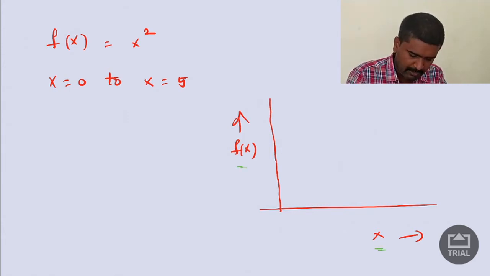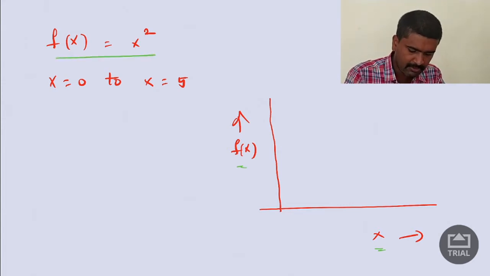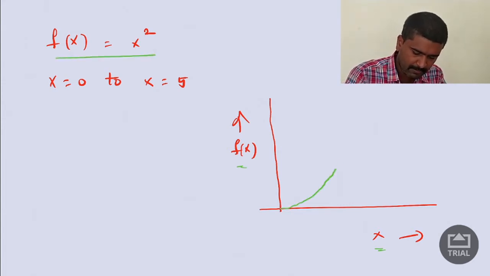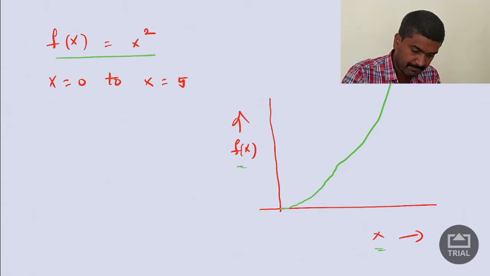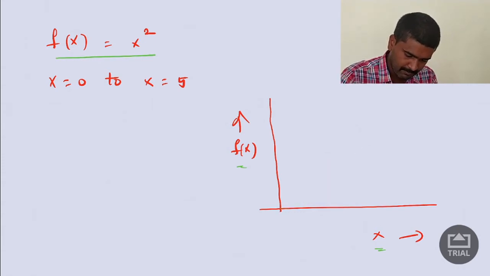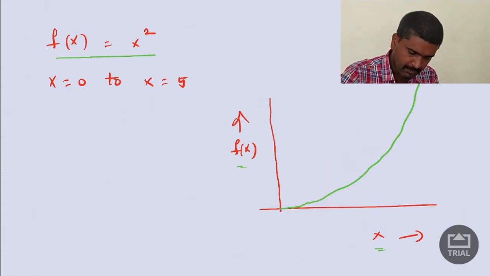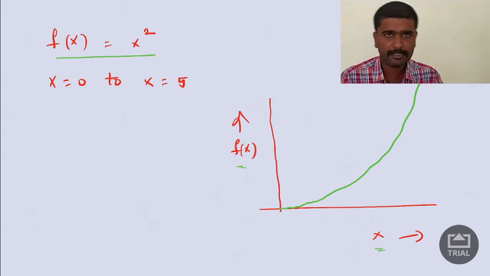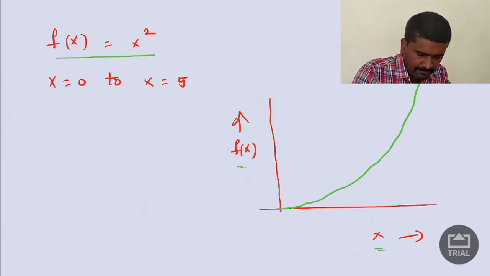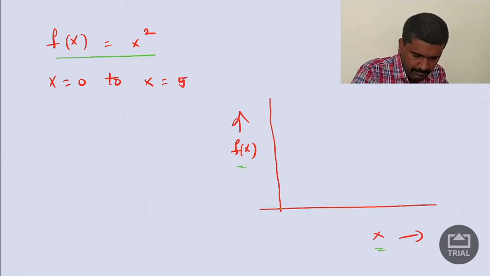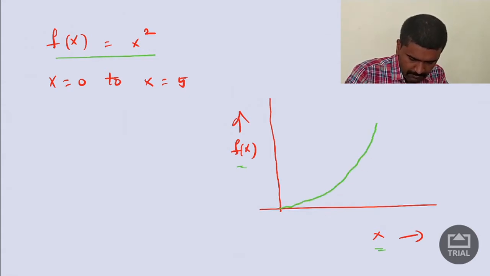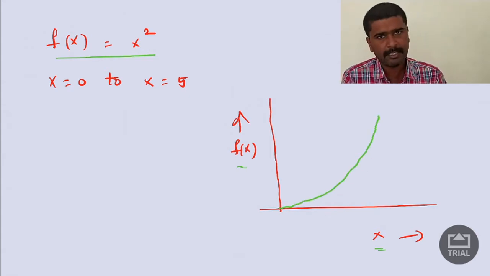As I increase x, f of x also increases, and it's an x square function, so it looks like this. This is how your function changes with x.